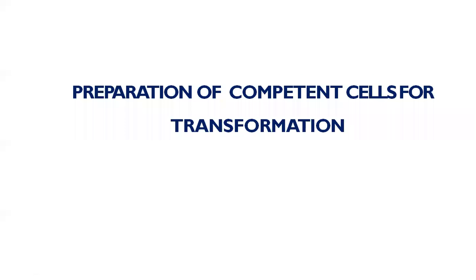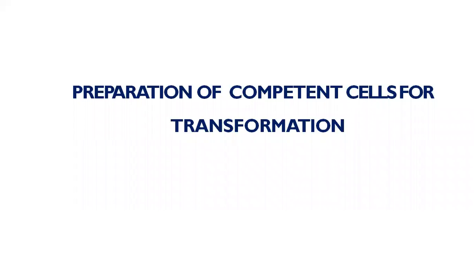So now in this video lecture tutorial, we will talk about preparation of competent cells for transformation. Already we have discussed transformation. Transformation means the insertion of a short piece of DNA into a bacterial cell.